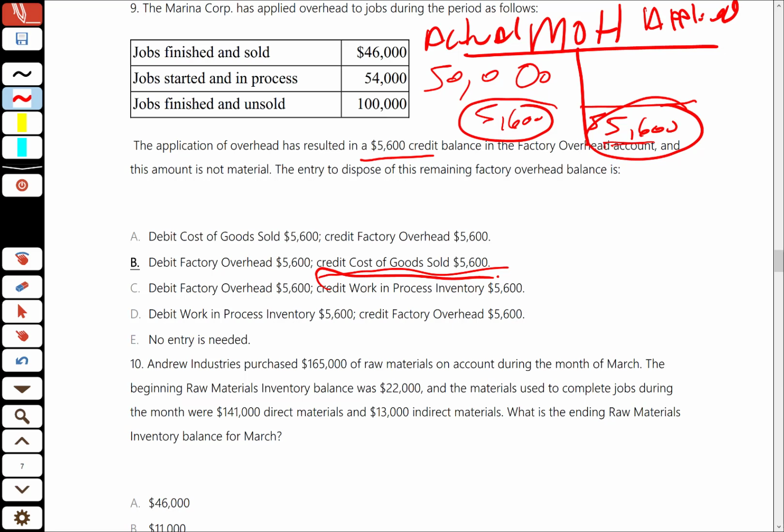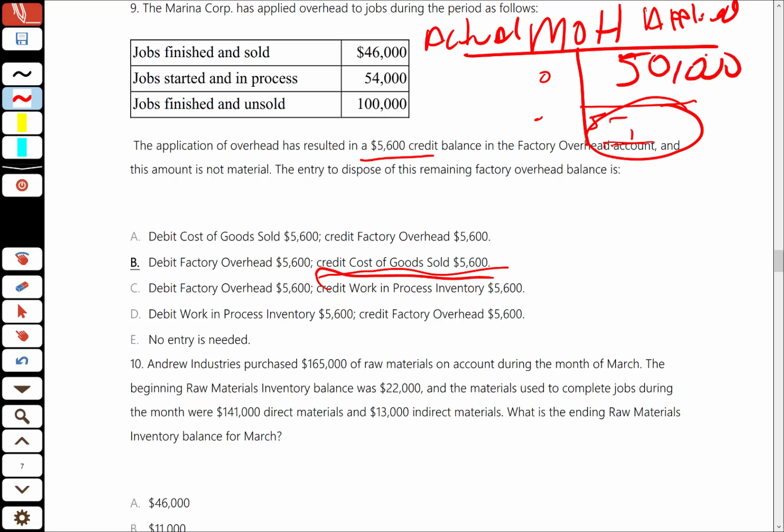What do we do if it's under-applied? Then it would be basically the opposite here. We would be saying that we had applied, say, 50,000 when the actual was 55,600. Now it is sitting there under-applied, isn't it?